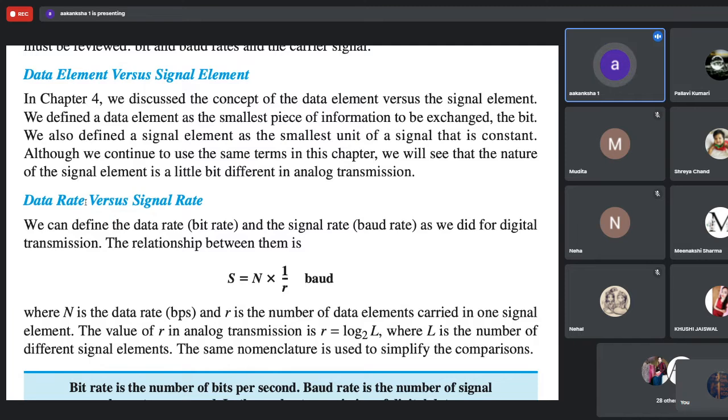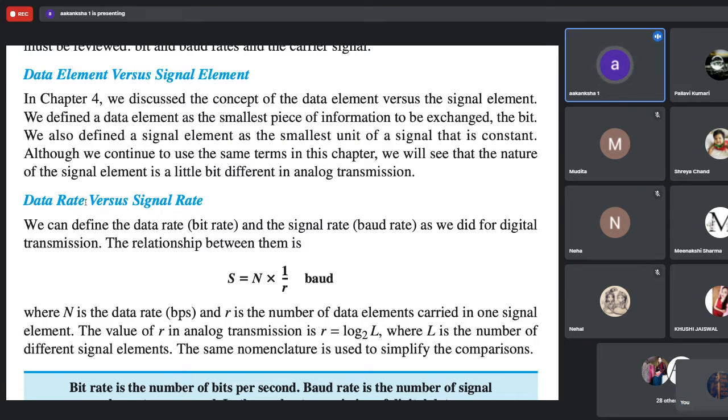So now my L is not representing only discrete voltage levels, it is representing 4 different sine waves. Suppose first sine wave has an amplitude of A1, second sine wave has an amplitude of A2, third sine wave has an amplitude of A3, fourth sine wave may have an amplitude of A4. So different sine waves with different amplitudes will be 4 different analog signal elements, and then L is 4. Here also my analog signal will be representing some digital information.